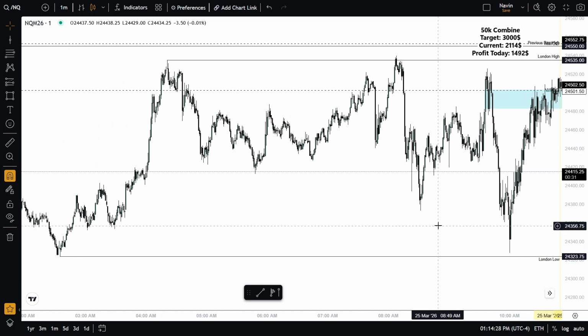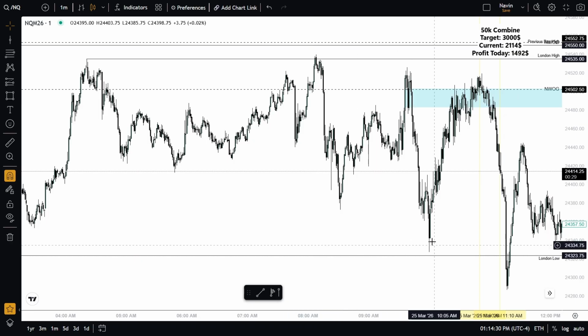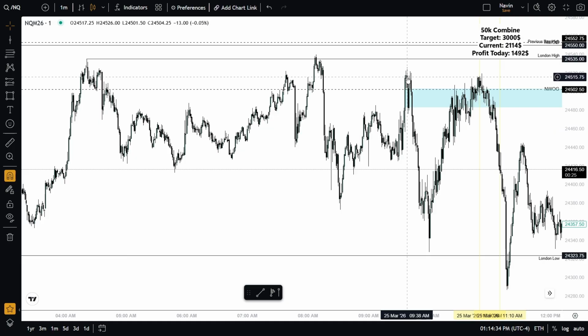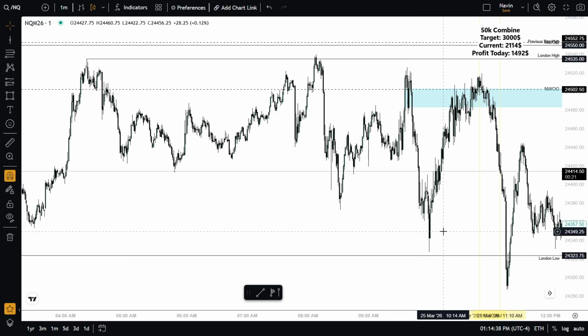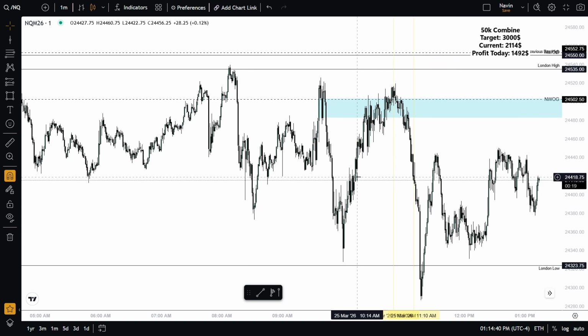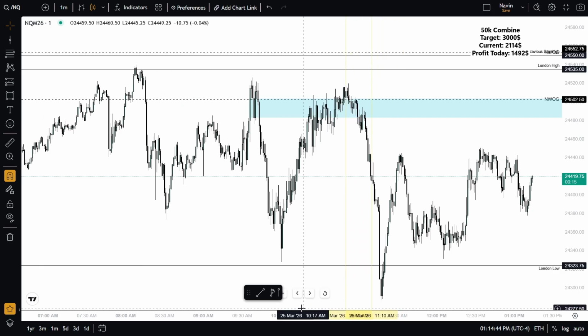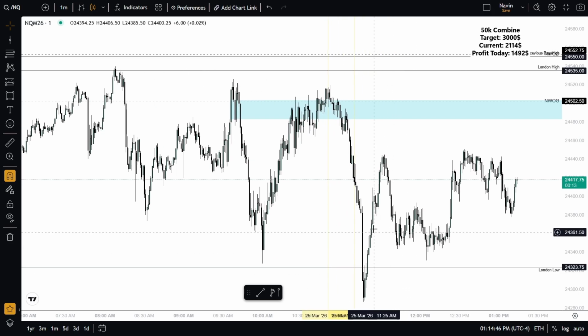This is the London low, and this is the 9:30 opening here. It came close towards the London low, and then it swept away. It left a liquidity pool downside, and then it moved towards it. So this grabbed my attention. This is the trade which I take part in.